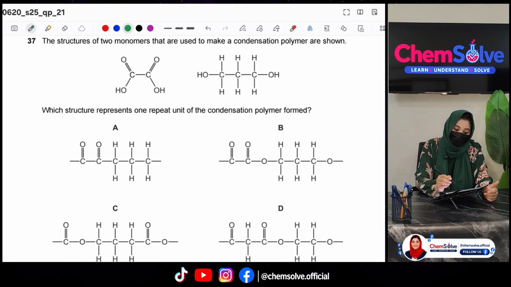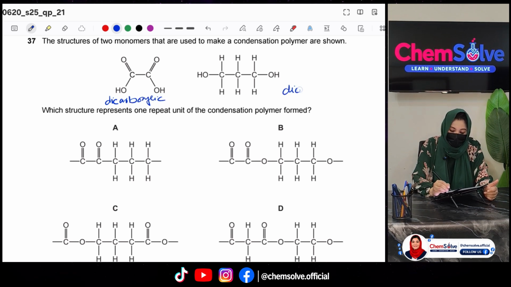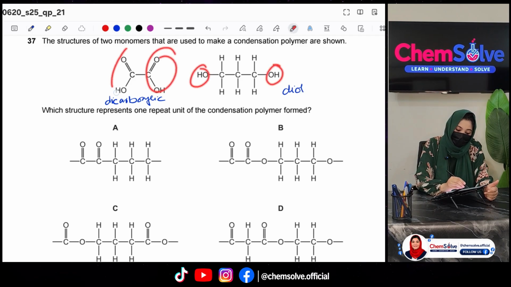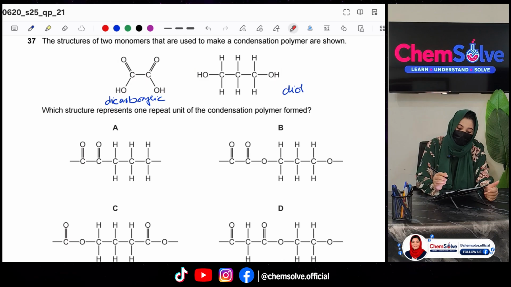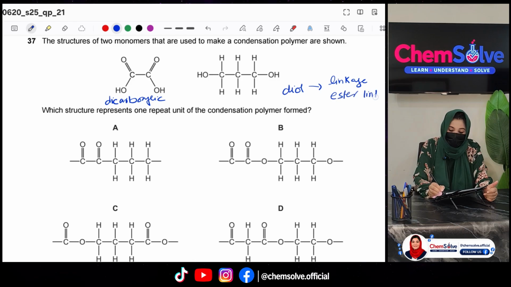Clearly you can see this is a dicarboxylic acid and this is a diol, because it has two alcoholic groups and it has two carboxylic acid groups. Whenever a dicarboxylic acid and a diol form a polymer, the linkage they form is an ester linkage.